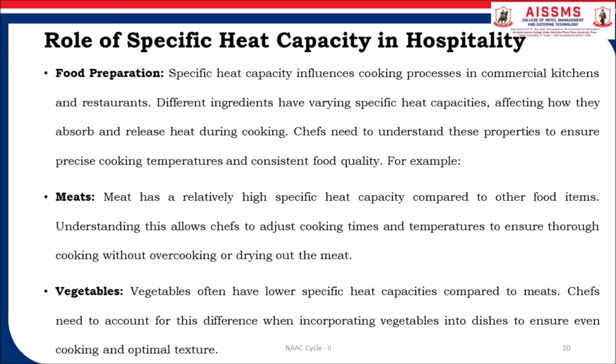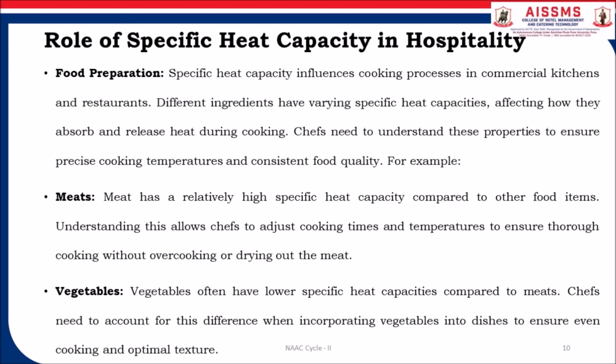Different ingredients have varying specific heat capacities, affecting how they absorb and release heat during cooking. Chefs need to understand these properties to ensure precise cooking temperatures and consistent food quality.